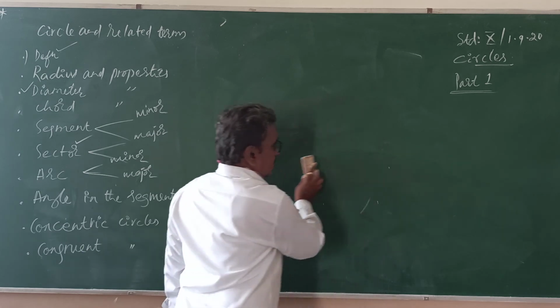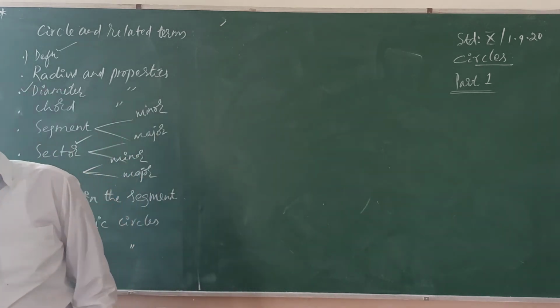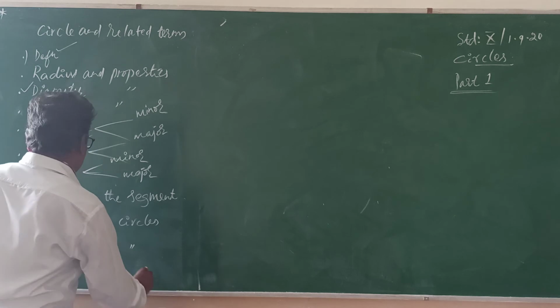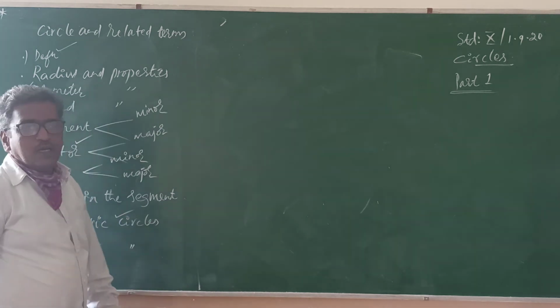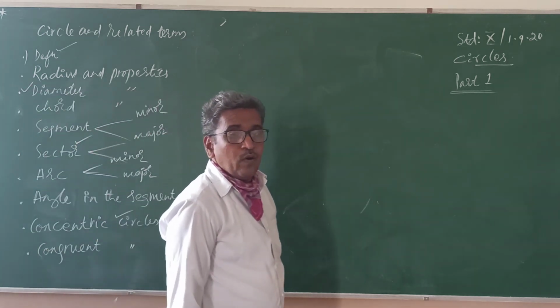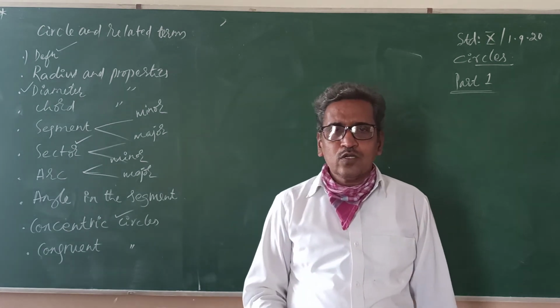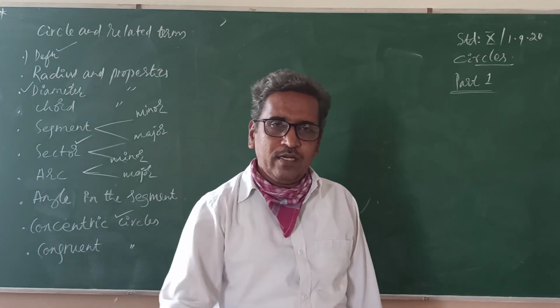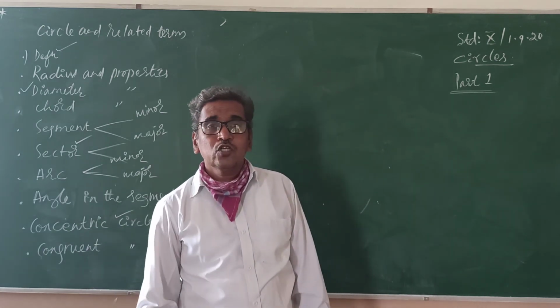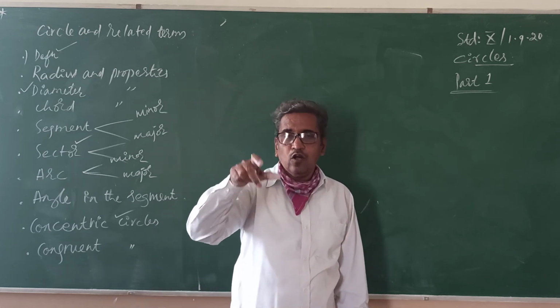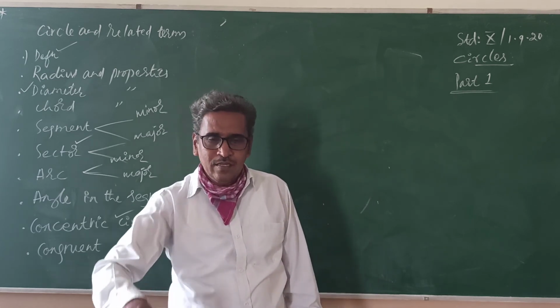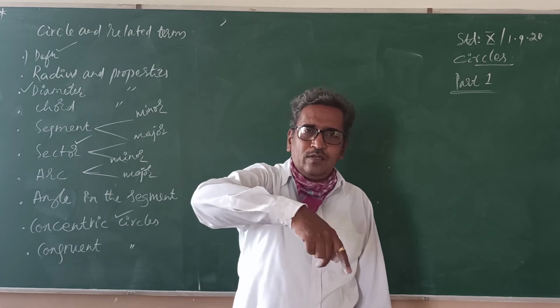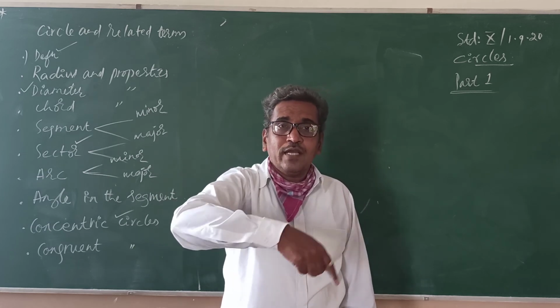Now the next part: what is meant by concentric circles. When a small stone is dropped into water, what happens? Rings are formed, of different sizes.